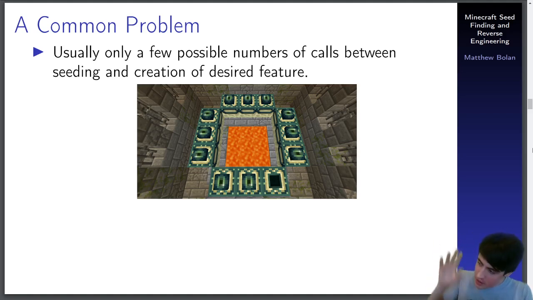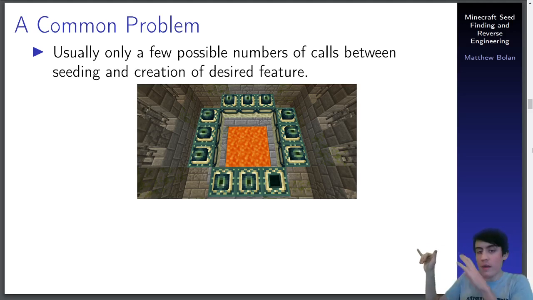So it does a ton of junk before it even gets to this portal. And that's a bit of a problem, right? Because when you set a seed in Minecraft, you're not setting the seed right before the stuff you want. You're setting the seed ages ago. And then that seed that you tell Minecraft to use has to go through and generate a ton of stuff you don't care about, like whether or not the bricks are cracked or mossy or not.